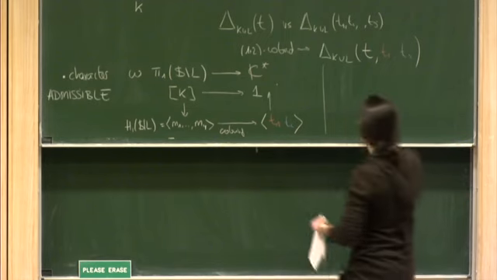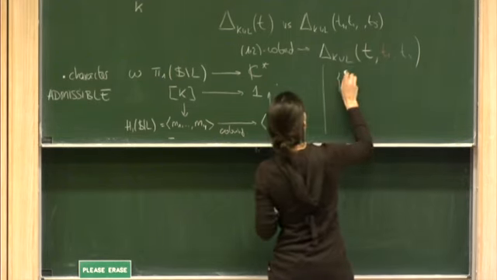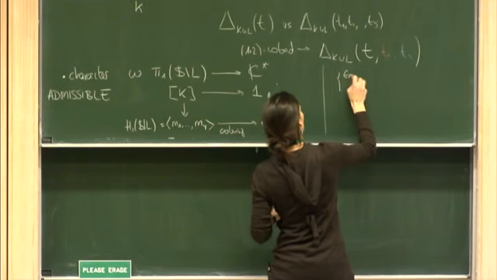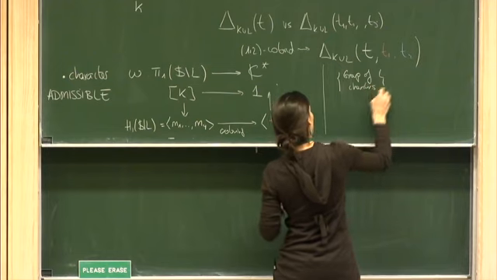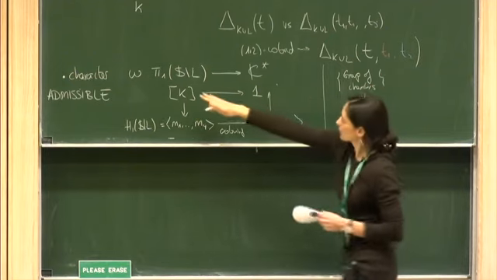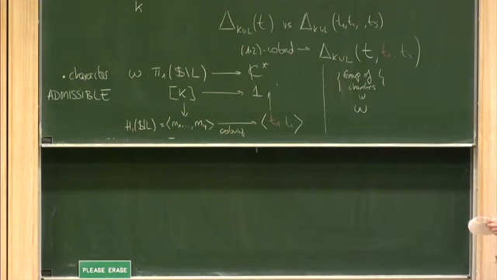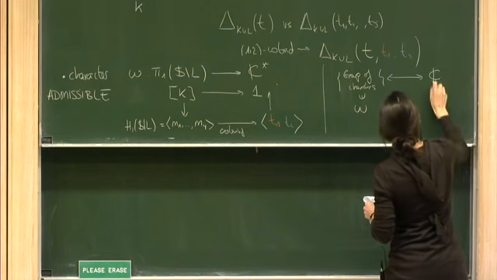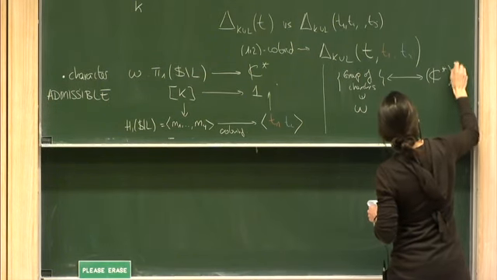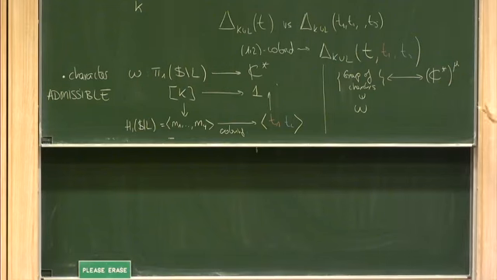So any character needs to factor through all this. If I consider the group of characters, and I take one character omega, defined on the level of pi 1, I can just think of it as a tuple given by the color. I remind you that mu is the number of colors. So how do I do this?